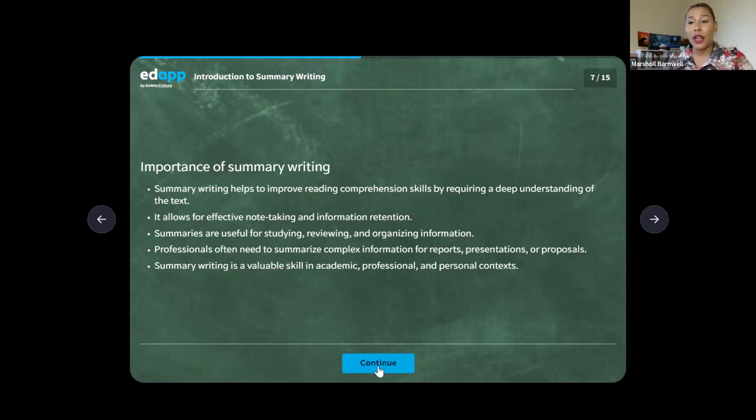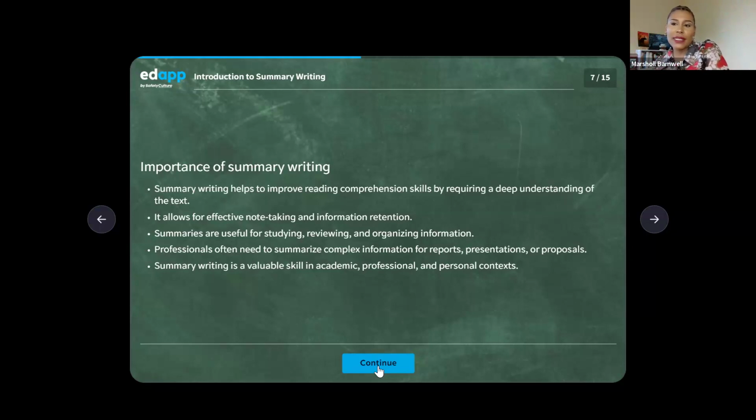Developing summarizing skills helps you to take more effective notes and to retain information better because you don't have to retain information in the large bulk. Think of summaries as a zip file or a raw file where the information on the file has been compressed and it saves a lot of space and storage.